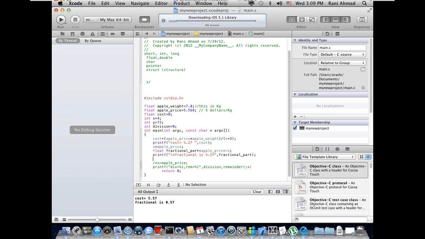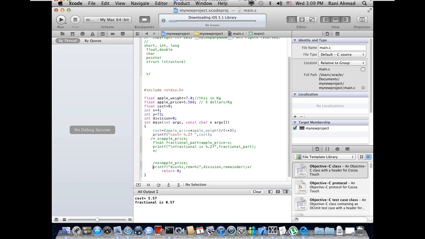Next is integer division. I have y is 37 and x is 4, or 5 here, but let's say I want to disable all this and use the variables from the top. We will be using a division variable to save y over x.